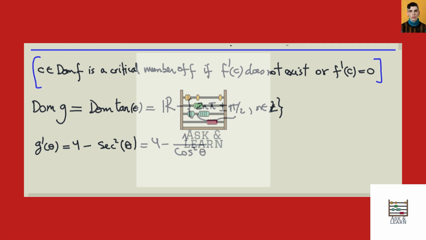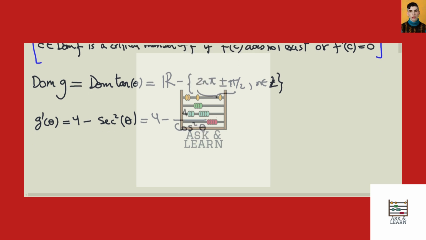And we can see here that the derivative of g does not exist for theta equal to where the cosine is 0.